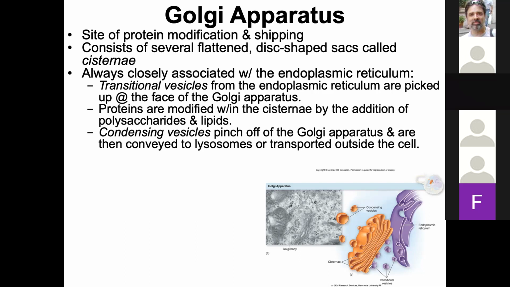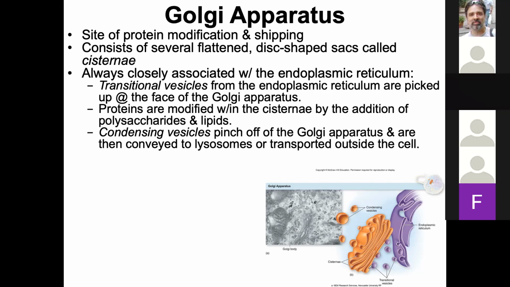The transitional vesicles from the ER are picked up at the face of the Golgi apparatus. The proteins then get modified inside the Golgi by having chemical address labels attached to them. They're made up of polysaccharide and lipid.